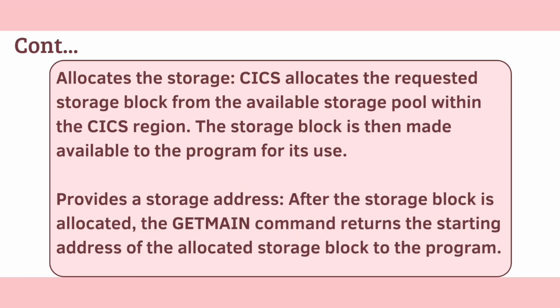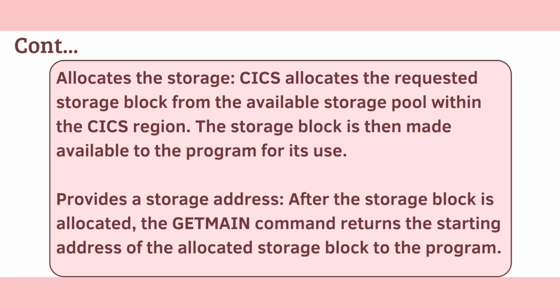Next is allocates the storage. CICS allocates the requested storage block from the available storage pool within the CICS region. The storage block is then made available to the program for its use.